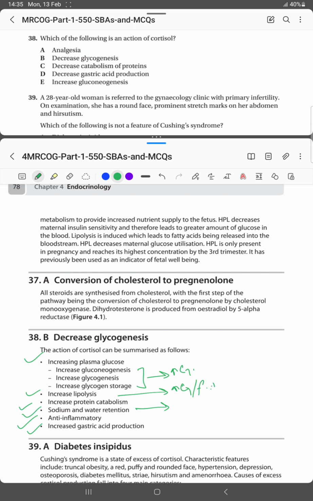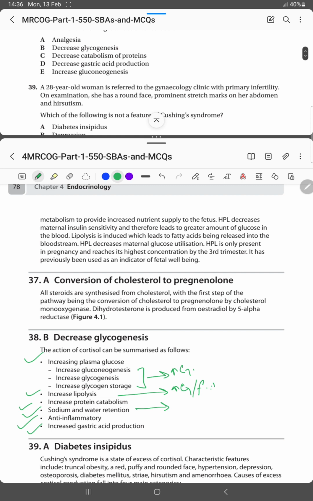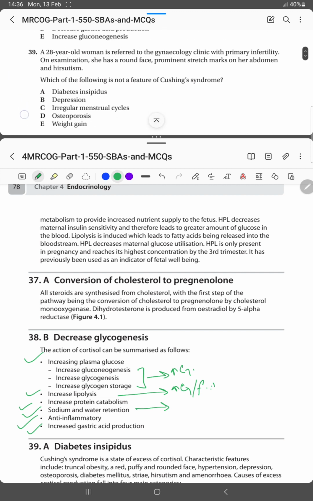No, they do increase the production of gastric acid. And increased gluconeogenesis? Yes, that is true. The option is correct. Here option E is correct, not decreased gluconeogenesis, because they are going to increase gluconeogenesis. Now let's move towards the next question.